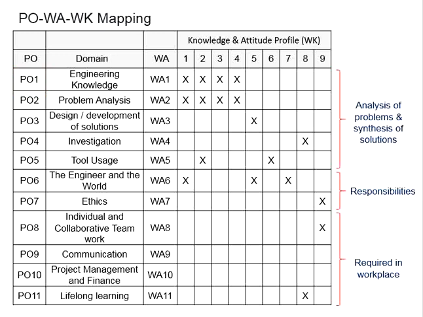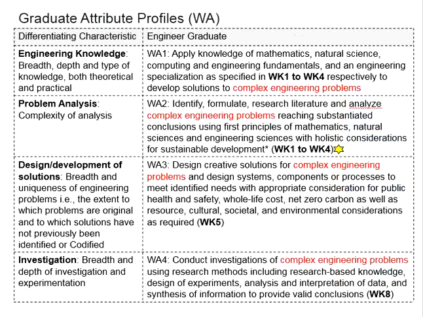When you have the course attending to PO1, that means you will have to design your course to fulfill the elements as stated in the WA1. And WA1 specifically mentions complex engineering problem.